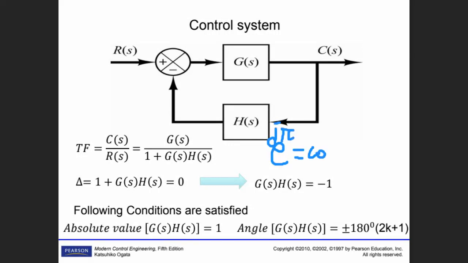Cosine pi plus j sine pi. Cosine pi, how many degrees is it? 180 degrees. What is the cosine value of 180 degrees?